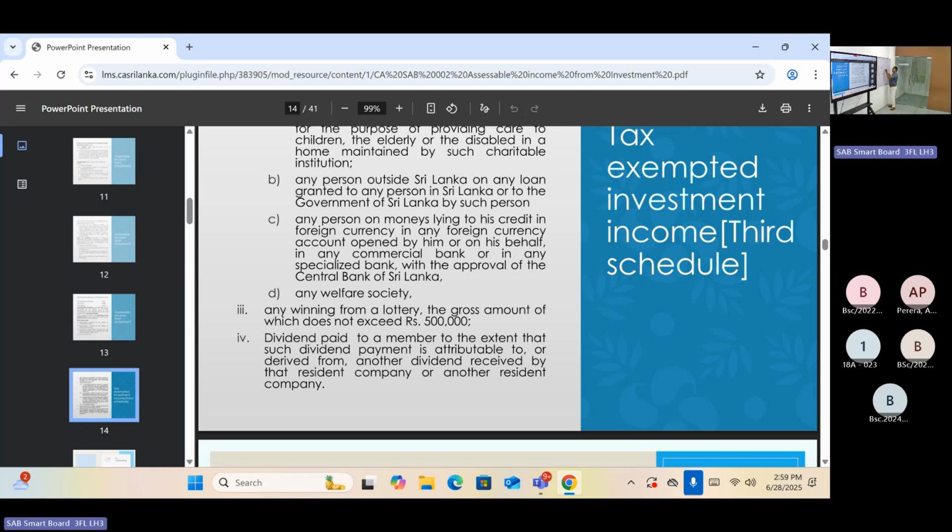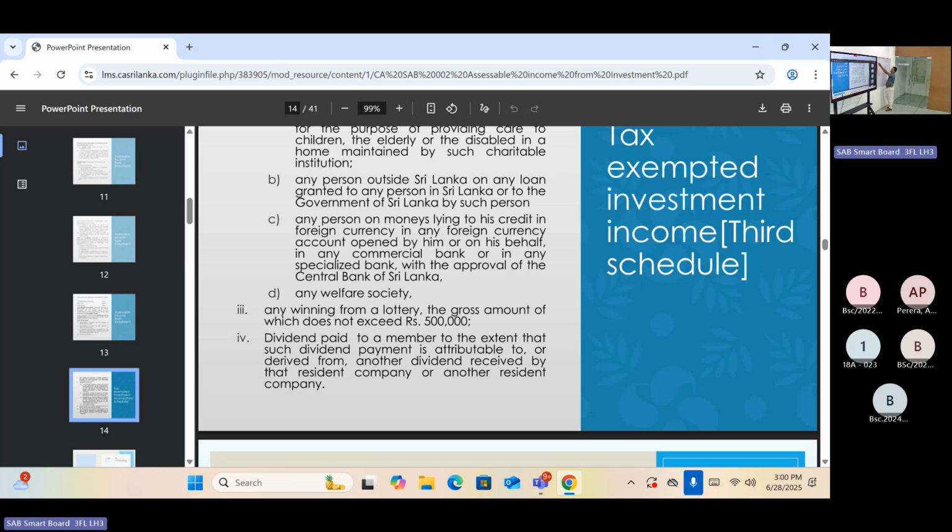They are paying dividend. If that dividend, this company is declaring dividend to shareholders, dividend attributable dividend issued by that resident company from another resident company or company.